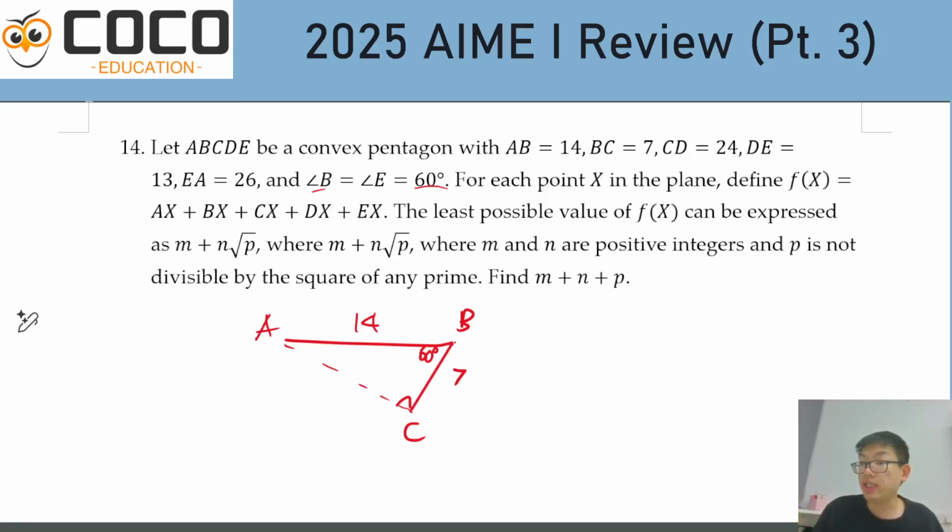Otherwise, there is a good chance that you will miss the property and then it's very hard to find it back. So because this is 1:2, right, and 60 degrees, I recognize this as a 30, 60, 90 triangle. And in fact, I can see already that there is a 13 and 26. So the same thing happens again at E.